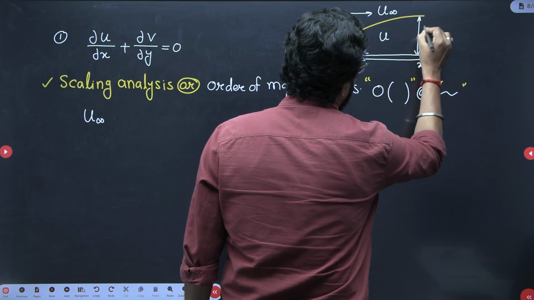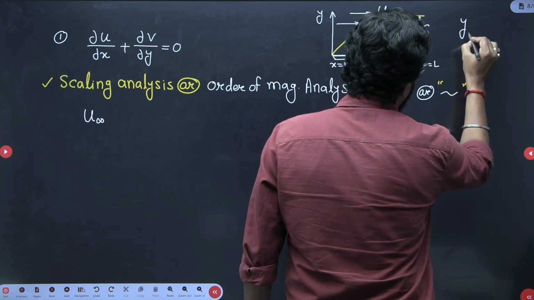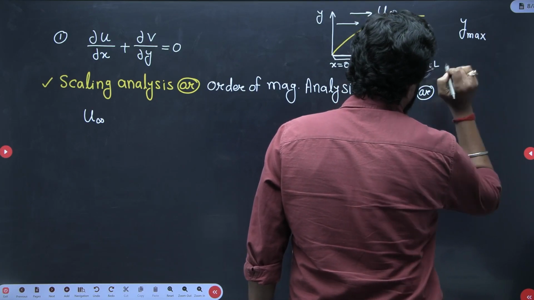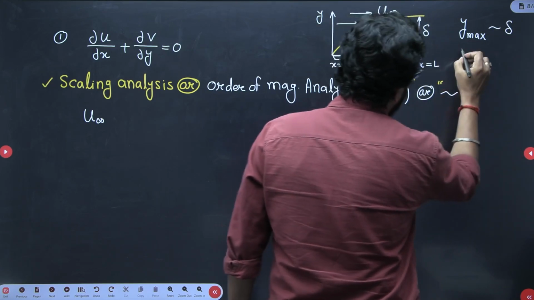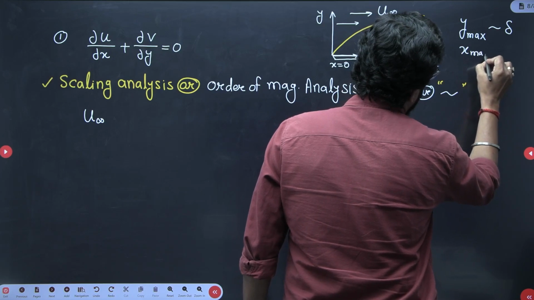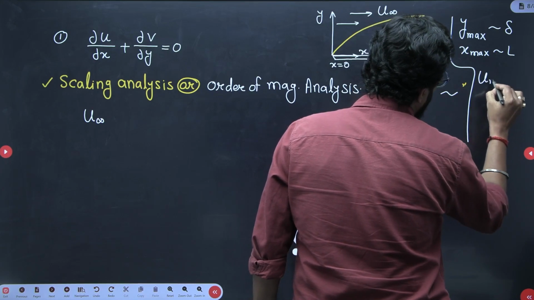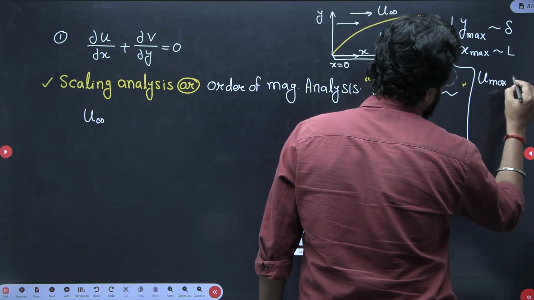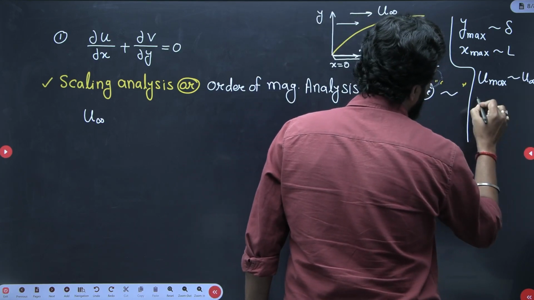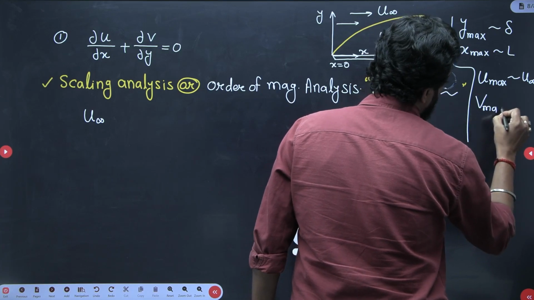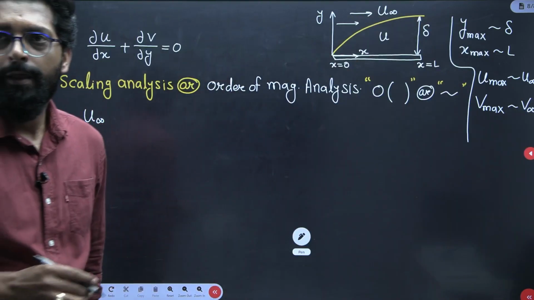The maximum value of y is equivalent to delta, and the maximum value of x is equivalent to L. The maximum value of the velocity component in the x direction is U infinity. The maximum velocity in the y component, let's suppose, is V infinity. These are the order types; we put the order types like that.